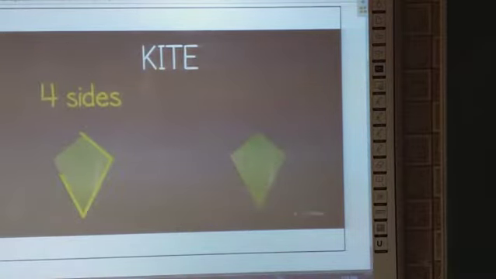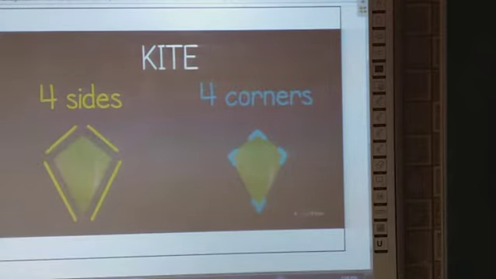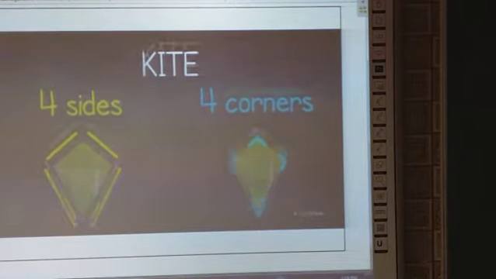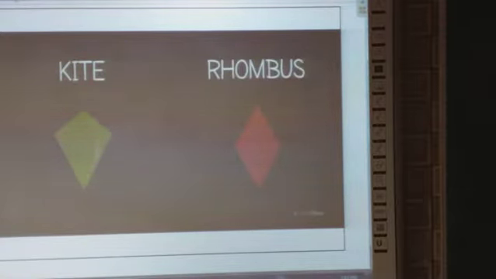If you've ever flown a kite before, this shape might look very familiar to you. The name of this shape is, you guessed it, a kite. It still has 4 sides and 4 corners and has 2 pairs of sides that are the same length. Can you see how the shape of a kite is different from a rhombus?